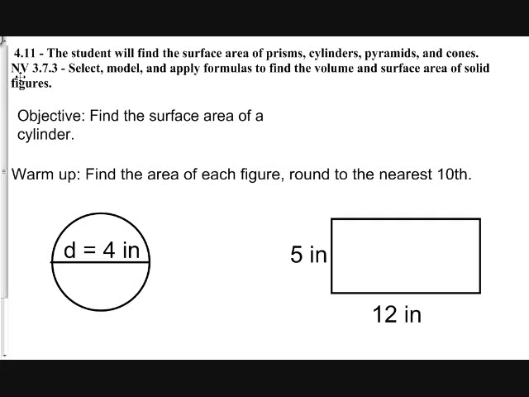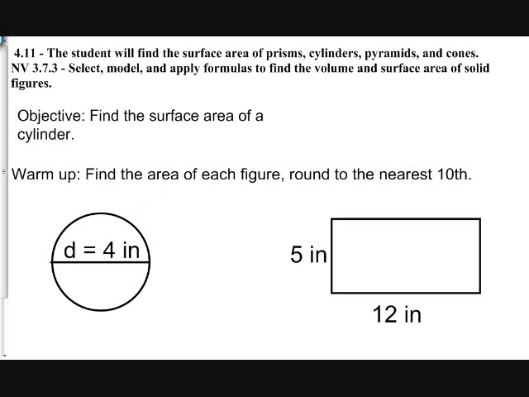Okay, now for the warm-up, you wanted to find the area of a circle with a diameter of 4 inches. And if you recall from your notes, the area of a circle is given by the formula area is equal to pi r squared.